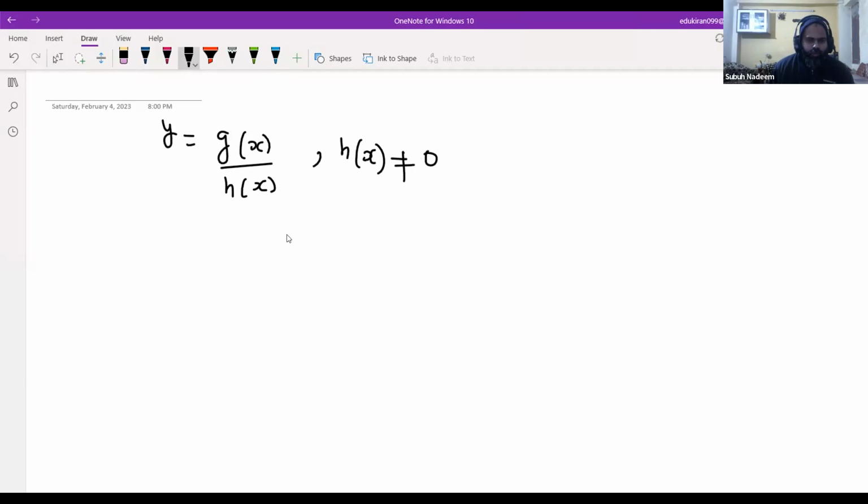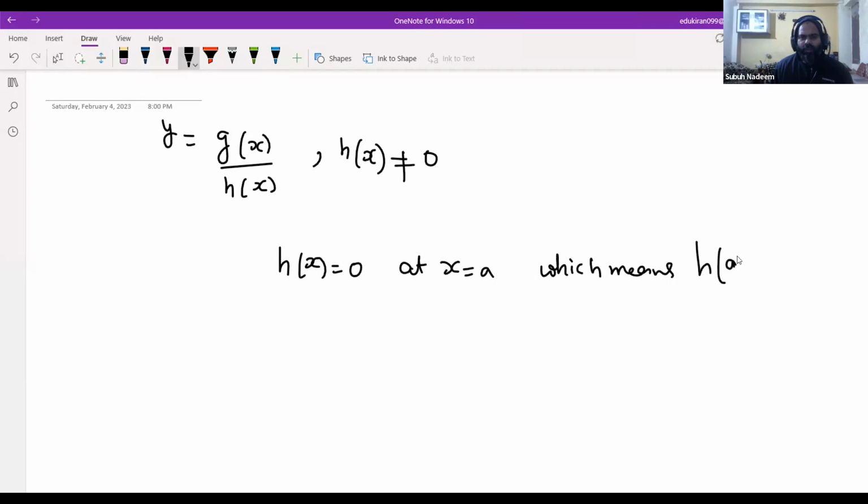So if h(x) is equal to 0 at x is equal to a, which means that h(a) is equal to 0, and also g(a) is not equal to 0, and it is in its simplest form.